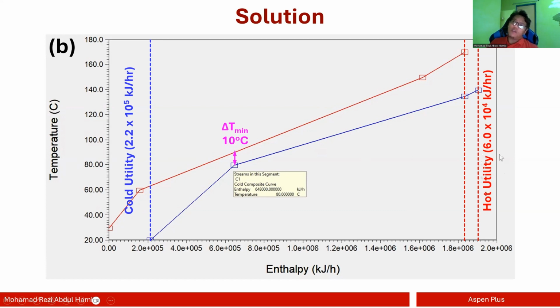But you suffer in terms of capital costs, because you probably need a big heat exchanger. If you make it bigger, your recoverable energy shrinks, but the hot and cold utility requirements become larger. That's the relationship between delta T minimum and the energy target.